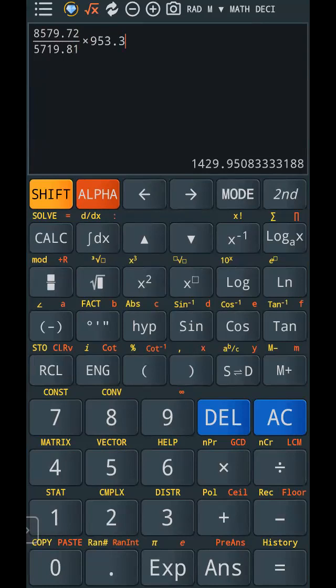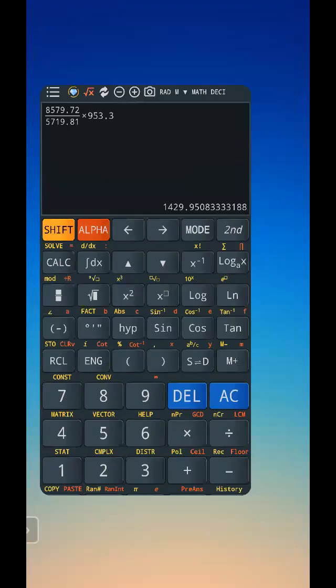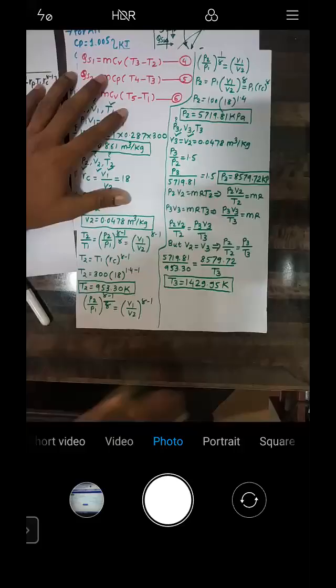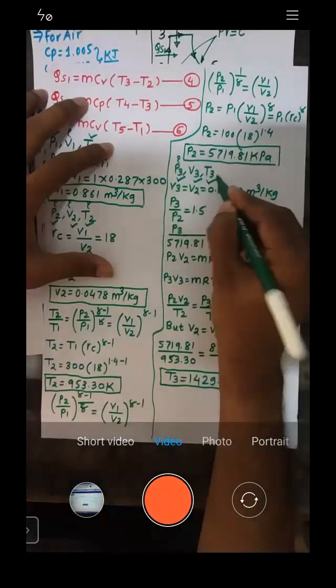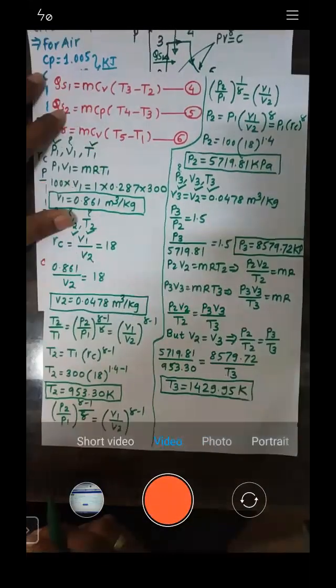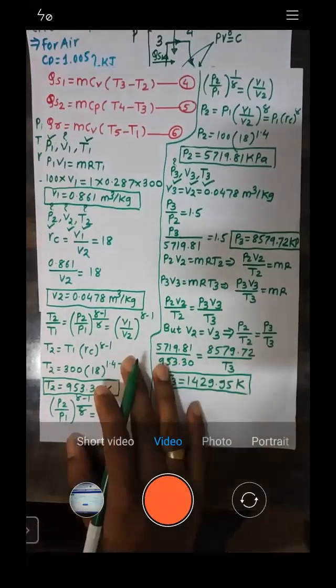So it is coming as 1429.95 Kelvin. Okay, so this is the value of T3 what we got. Is that okay, all of you? Now T3 is known, right? Now we need to go for the next, T4.